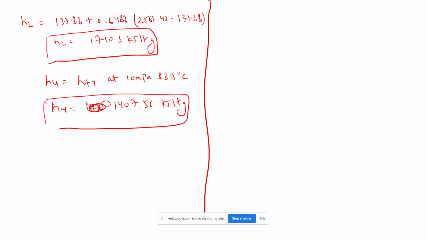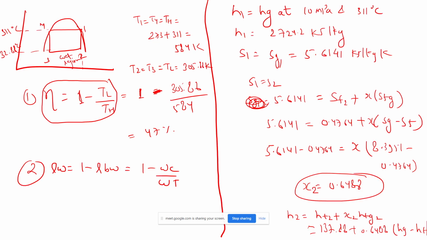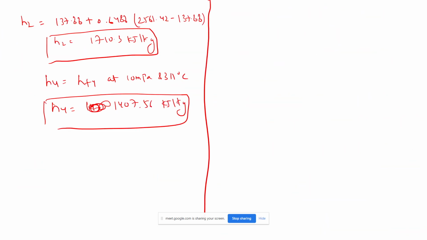So for this process, S3 and S4, it is an isentropic process, so we can directly write S3 is equal to S4. So from here we will calculate the value of S3.